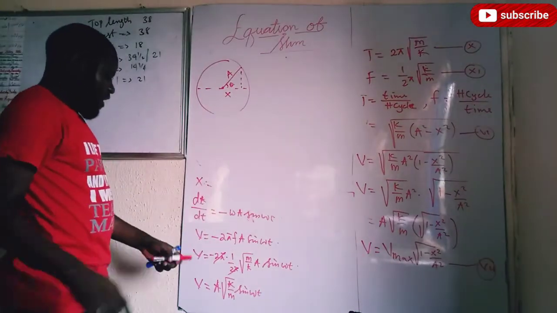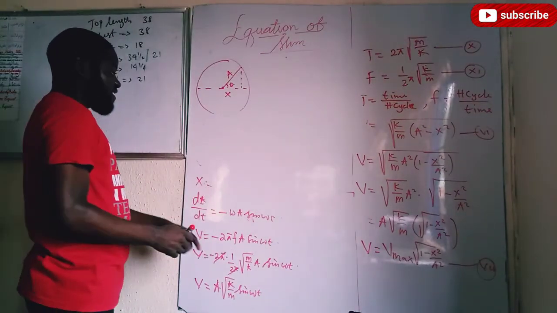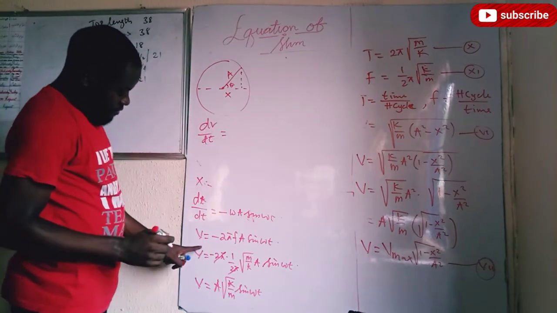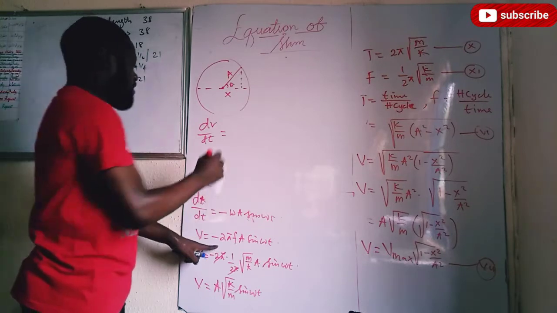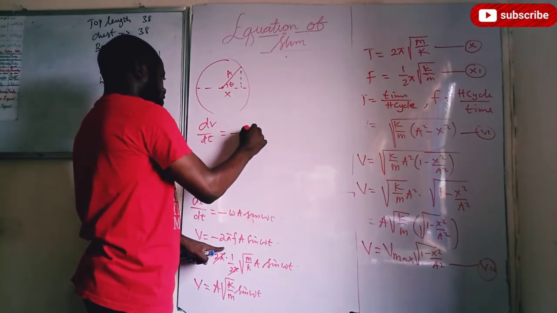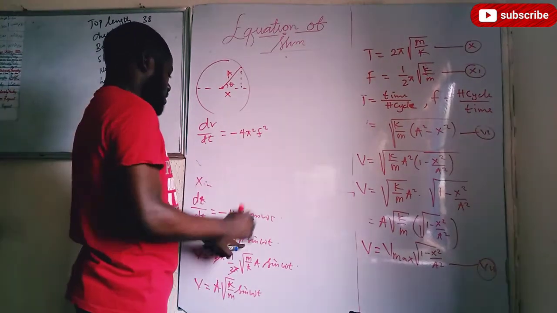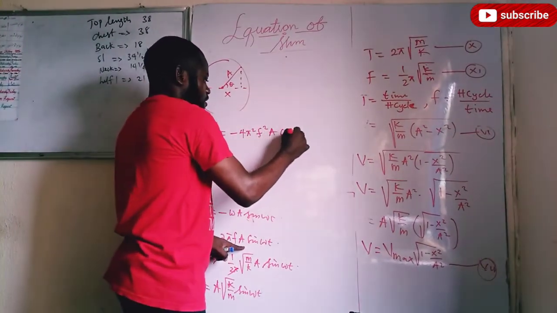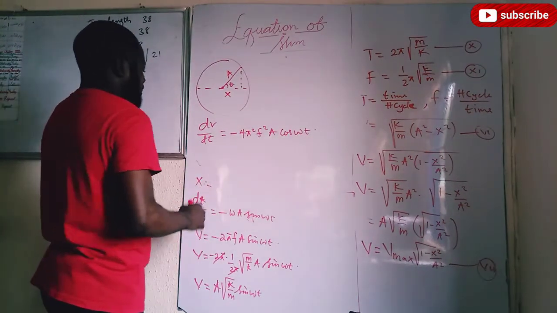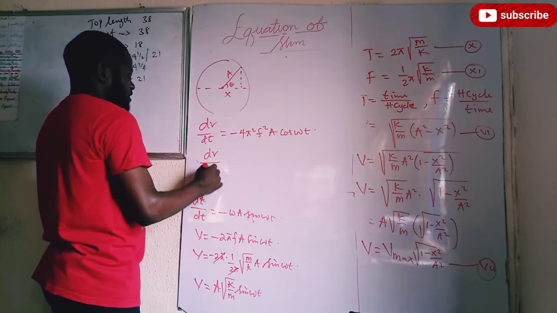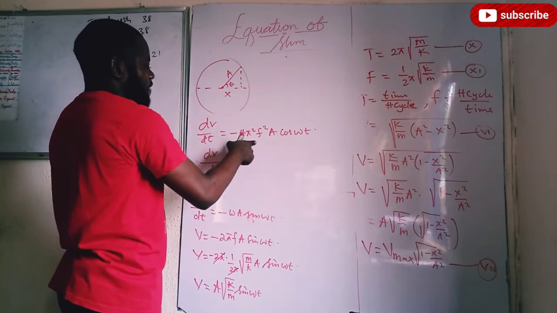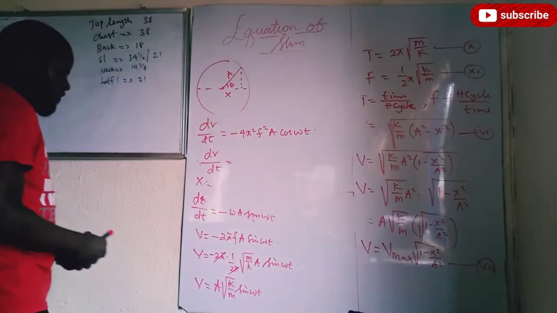So the next thing we need to look at is that we have to differentiate this again to get our acceleration. So dv dt is going to be negative 4 pi square f square A cos omega t, when you differentiate that again.